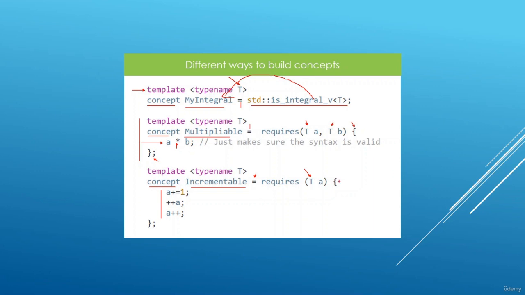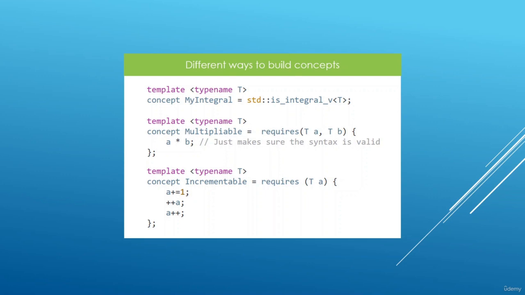So you must be able to take the value that you get from here and, for example, say i plus equals 1. This is going to be valid syntax. You're going to say plus plus a and plus plus b. All these are going to be valid C++ syntaxes for the template parameter that you try to call this function template with. And if this doesn't work, you're going to get a compiler error because your template argument isn't really satisfying this concept. So this is really how you can set up your own concepts in C++.